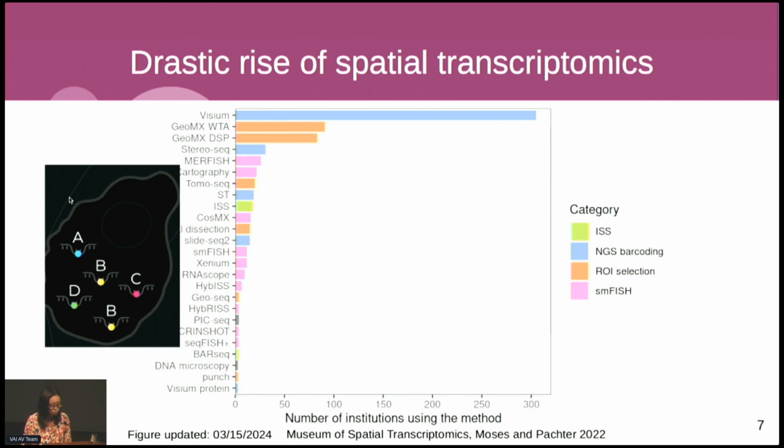Then by counting the number of mRNA puncta assigned to each gene in each cell, we can quantify how much each gene is expressed in each cell. So these technologies not only have single cell resolution, but also single molecule resolution.